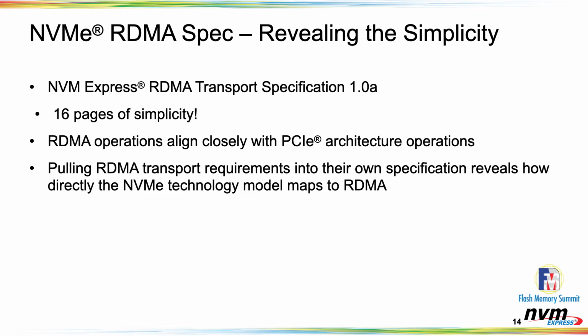I've worked on other transport mapping specifications. This one is 16 pages of, I call it, simplicity. Compared to the other transport specifications I've worked on, I don't think we got through the index in 16 pages.